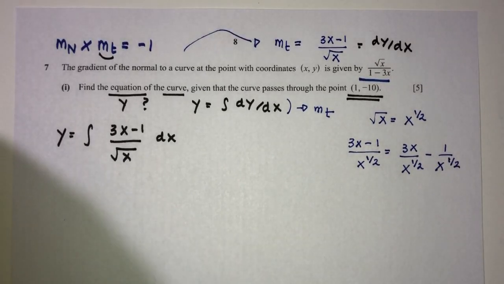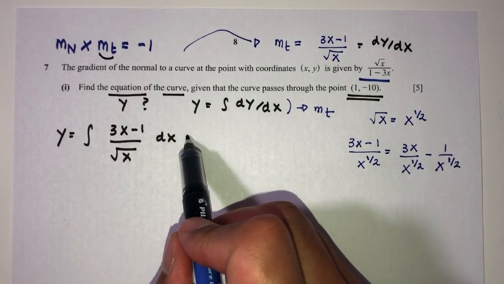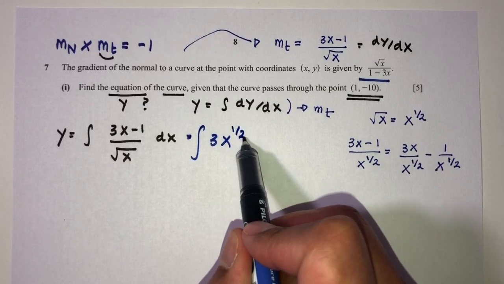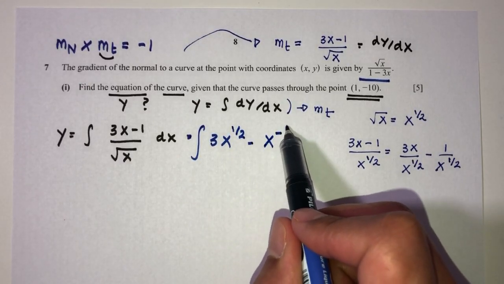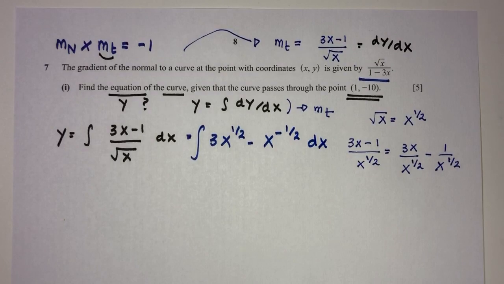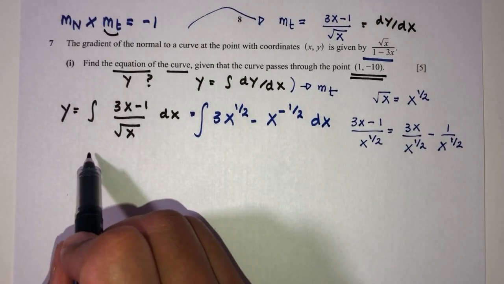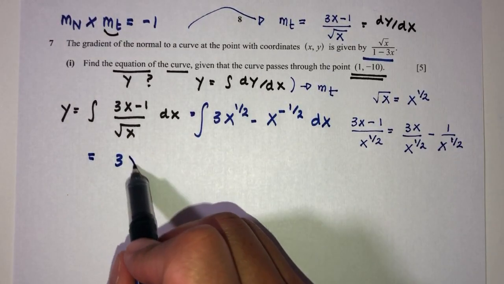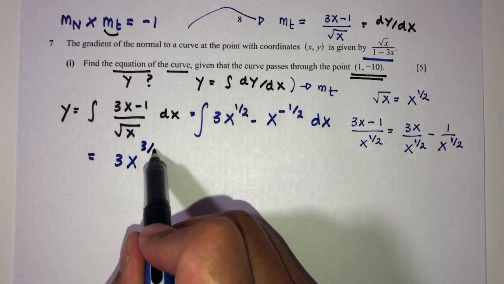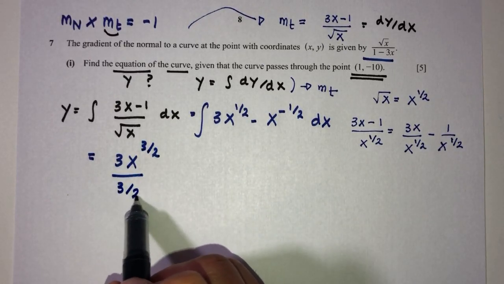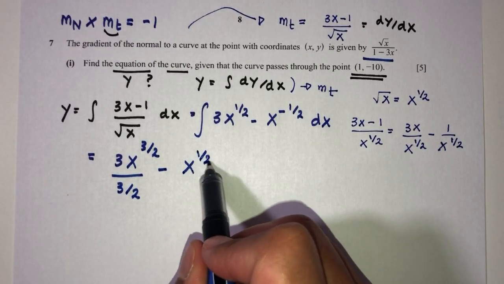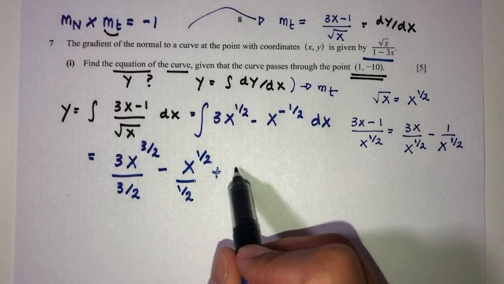Now simplify this, that will give you the integration of 3x power half minus x power minus half, that will be the simplest form you can use to solve this. Now the 3 is only a multiple, it remains the same. Now for this one we have to add 1 to the power first. Half plus 1 will be 3 over 2. Divide by this power, then minus here. The power plus 1 will be half, then divide by half, of course, plus c, that is y.